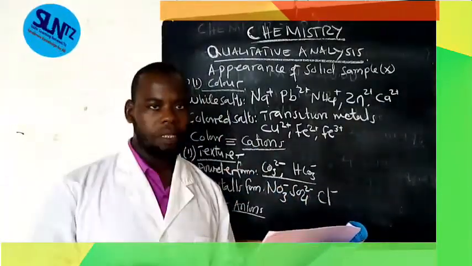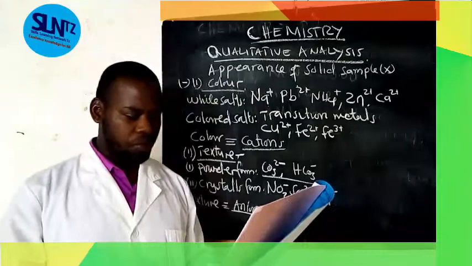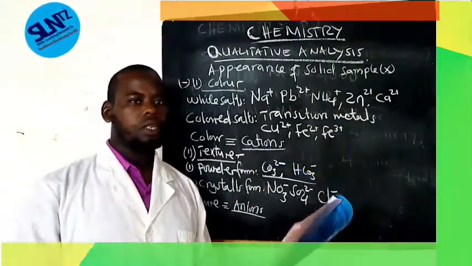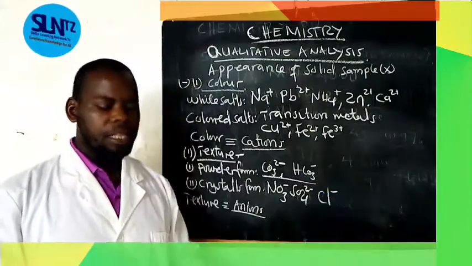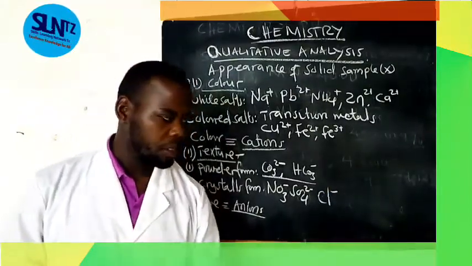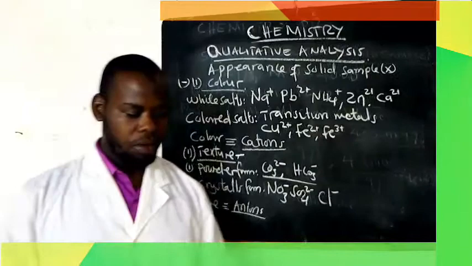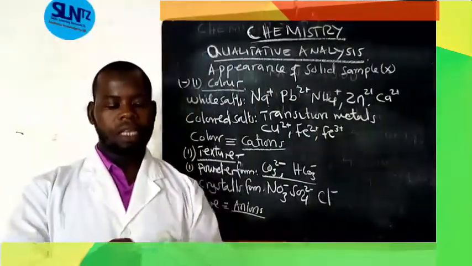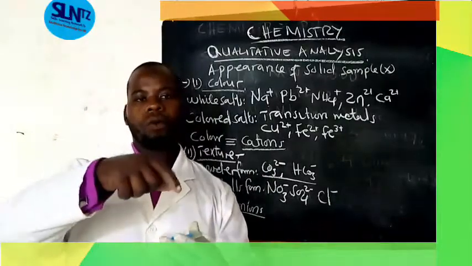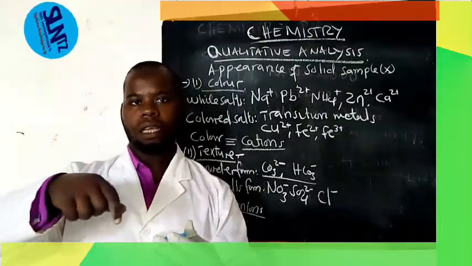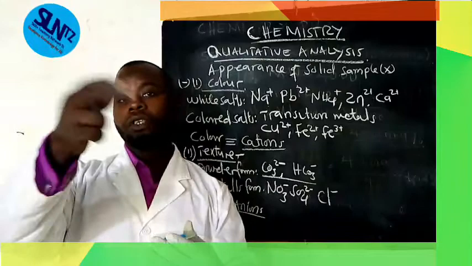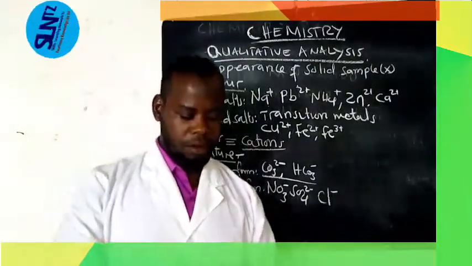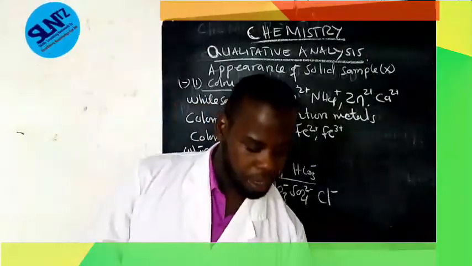Another step, there is odor on the appearance. There is the smell, but sometimes you cannot sense it, especially ammonium, which you can sense. And another, there is the liquescence. Liquescence means that when you put a solid sample on the watch glass, you can see particles of liquid come from the atmosphere, absorbed on it, or the sample absorbs water from the atmosphere.